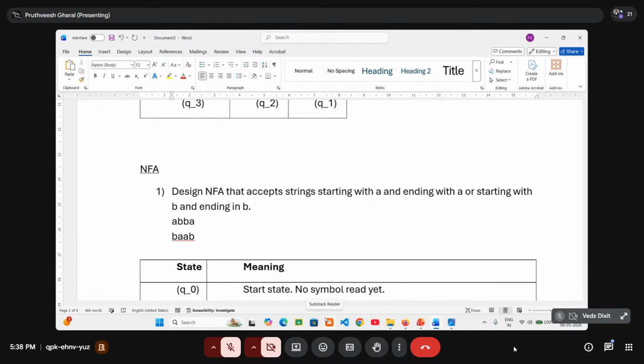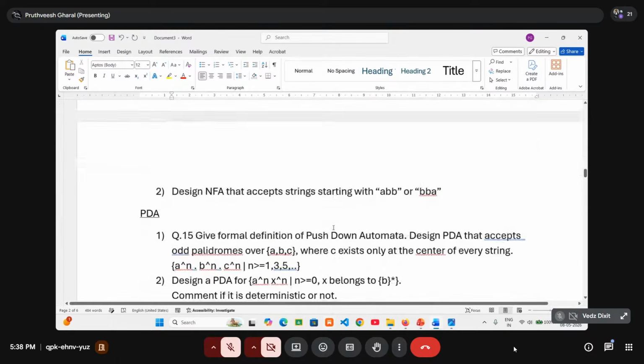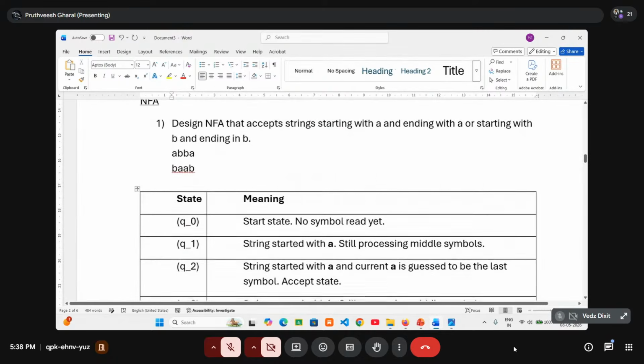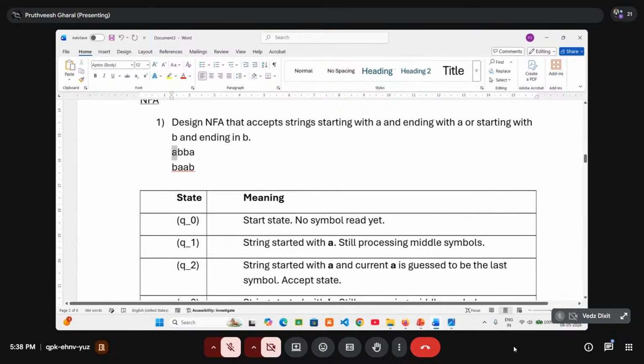it creates these two branches. It is difficult to define here, but basically, if I were given a problem of designing a finite automaton, I have to see whether the string starts with an A and ends with an A, or starts with a B and ends with a B. I cannot make an assumption here.